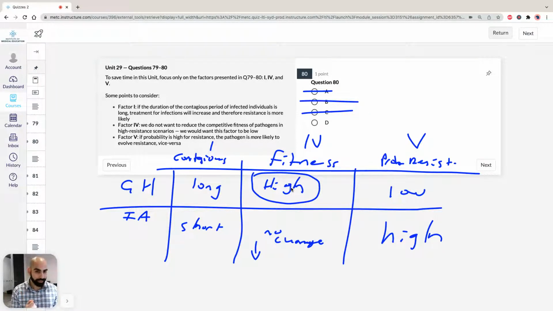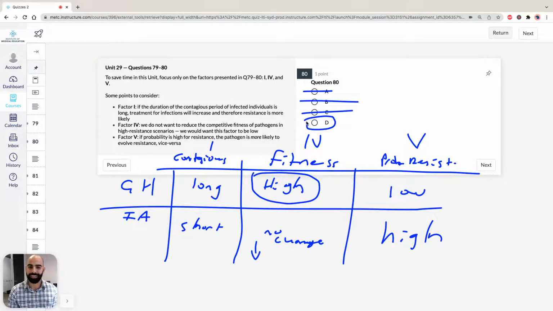So that's correct. And then 5 says because the probability of resistance is low. That's why it's going to be less. So yes, because the probability of resistance is low, therefore the resistance is going to be slower. So that's why D is correct. Just got to double check. Please be correct. Yes, it is correct. So 80 is D. By process of elimination, we figured it out.